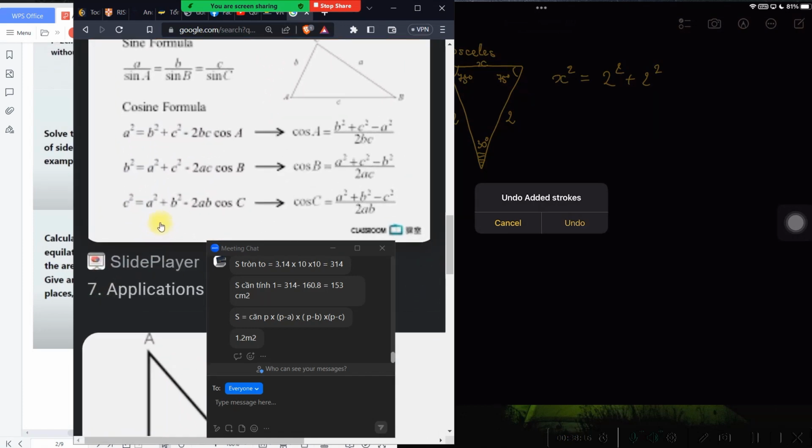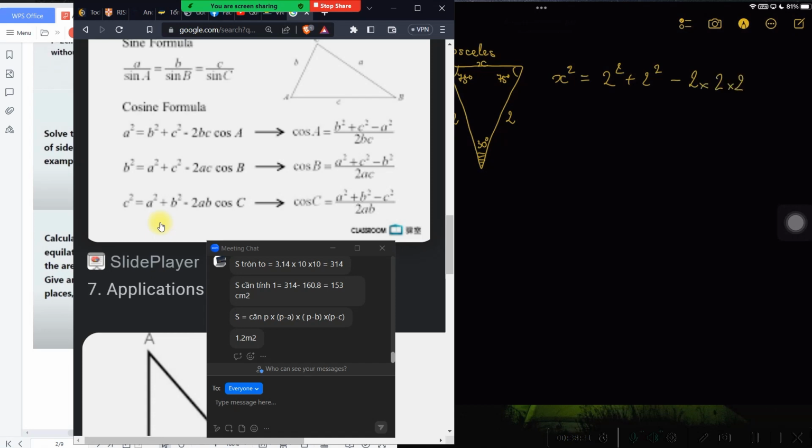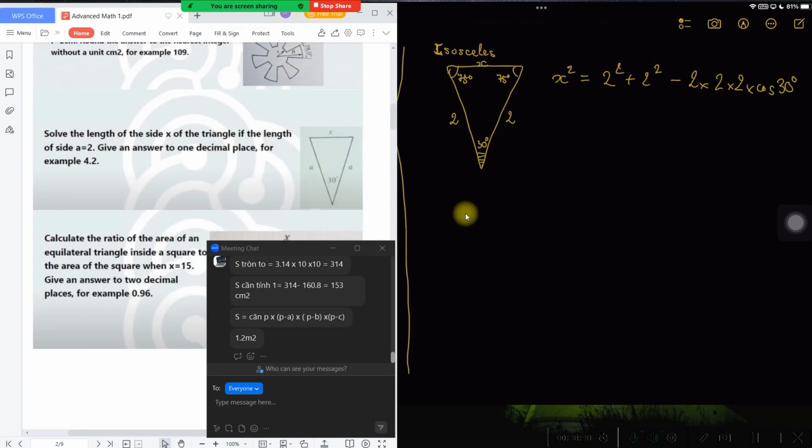So what you have to do here is minus 2 times the two sides times cosine of 30 degrees, isn't it? This is the cosine rule.